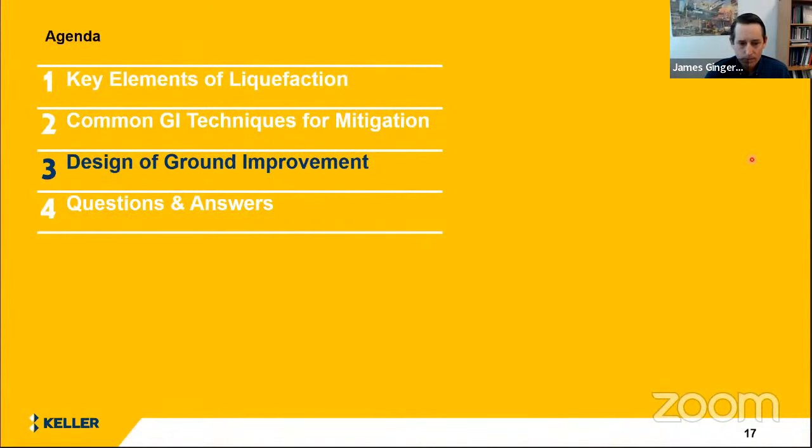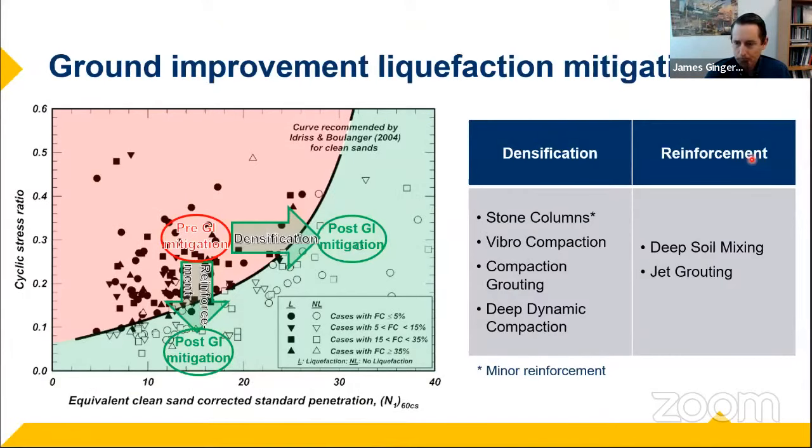Okay, so ground improvement design. Again, we're talking about reinforcement and densification as two of the main methods of mitigation. So if I have a site that is currently liquefiable and it has a cyclic stress ratio in this red zone, which is greater than the cyclic resistance ratio, that means it's going to have a factor of safety of less than 1.